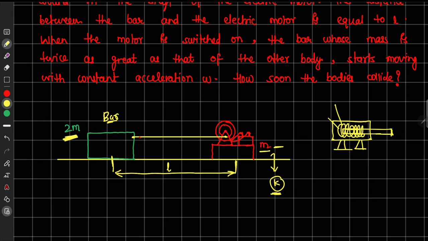Whenever we supply electric power to this coil, the shaft starts rotating. This is the shaft to which we can attach another component, maybe a fan or something else. Basically, we have to find the time instant at which both masses will collide.